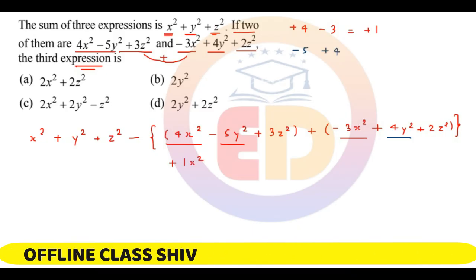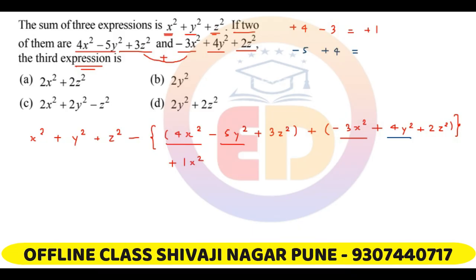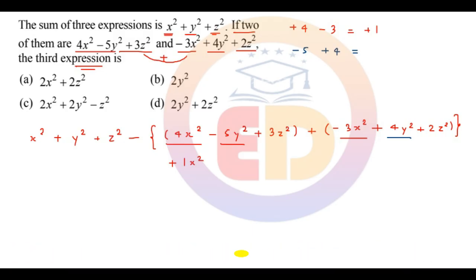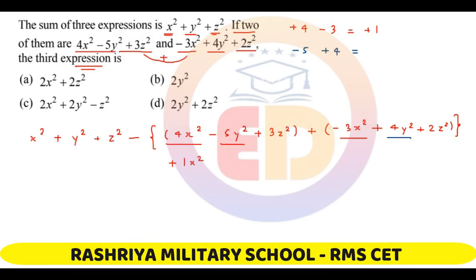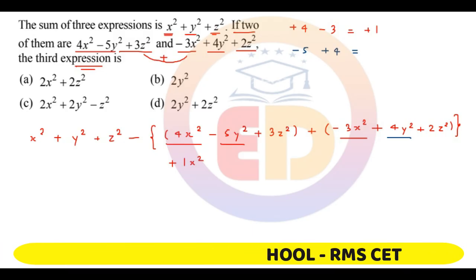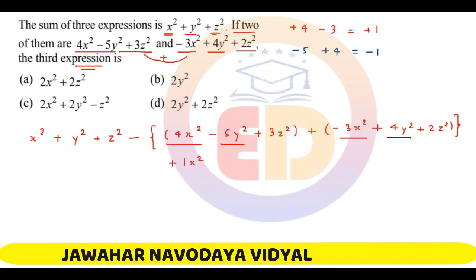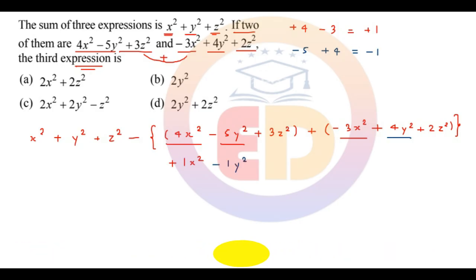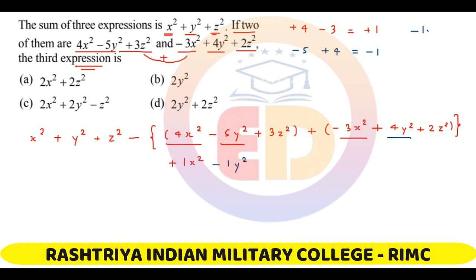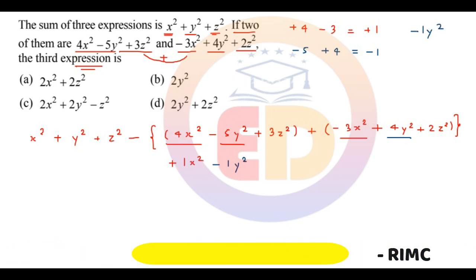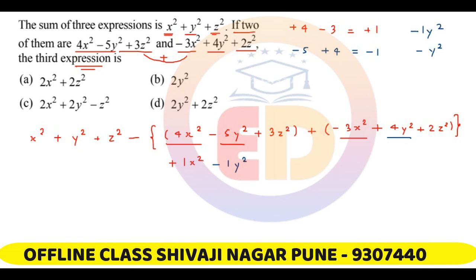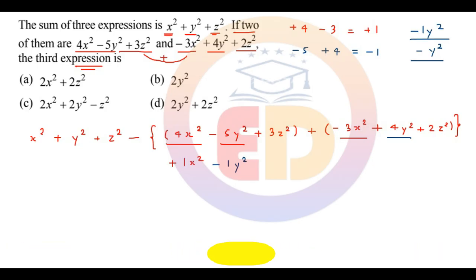Only work out the numeral coefficient, because the variable y square will remain y square. Minus 5 plus 4 is minus 1, so it will become minus 1 y square. Remember, minus 1 y square is equal to minus y square, but for the sake of calculation we are keeping minus 1 here so that it does not create confusion.